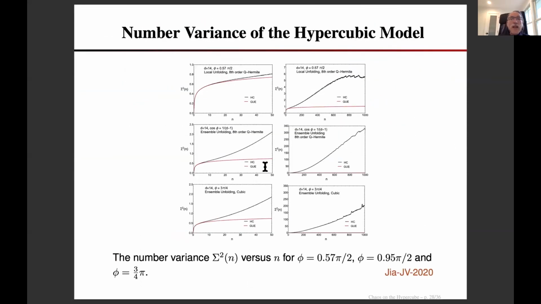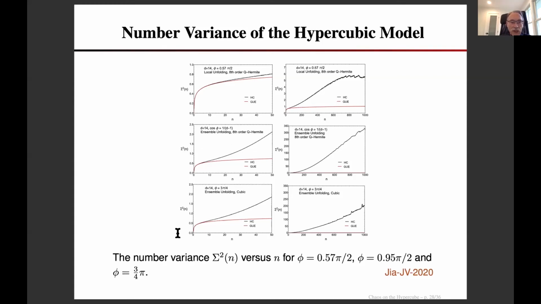So let's now look at the hypercubic model, where we plot here the number variance for different values of the magnetic flux in 14 dimensions. And you see a very similar figure to the SYK model. It follows the random matrix behavior up to some distance, and then it goes away.